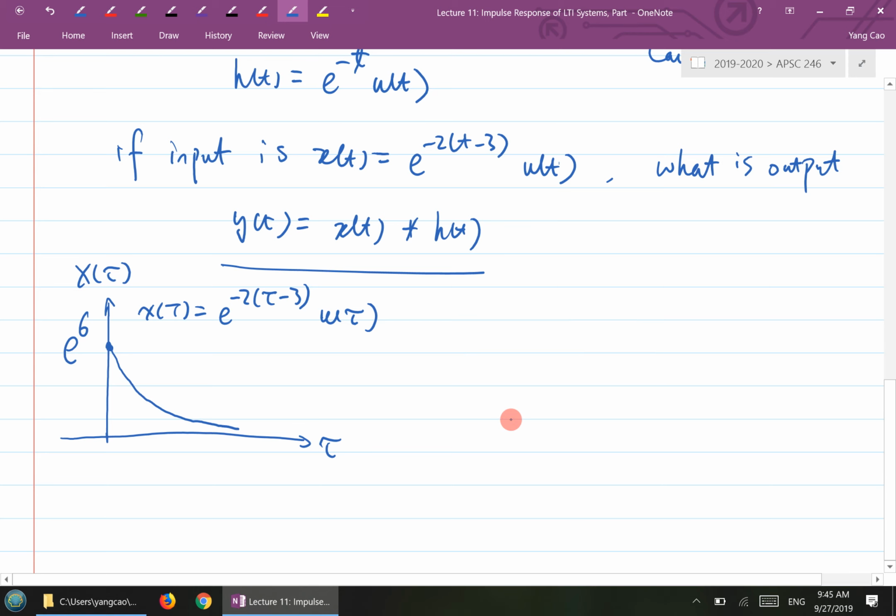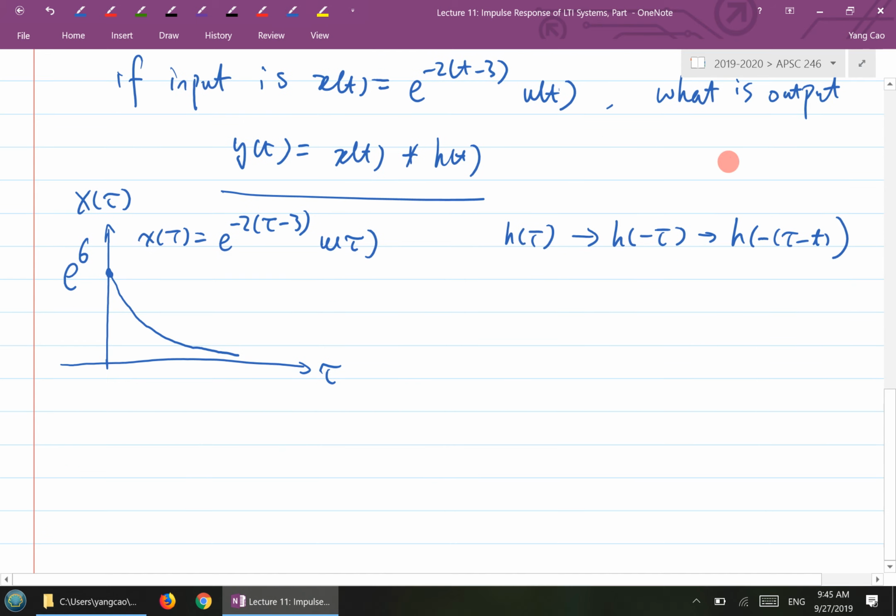Now let's deal with h of t. The idea is first h of tau, then h of negative tau, then h of negative tau minus t. These are the 3 steps. I'm going to draw it over here, and then bring it back over here to find the overlap. First, h of tau, that part is easy.